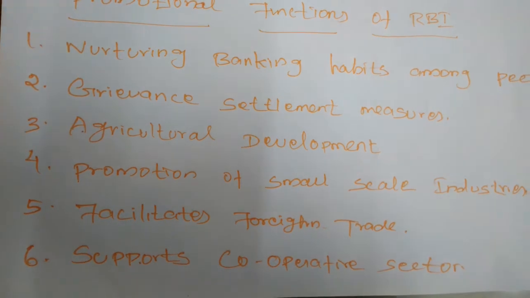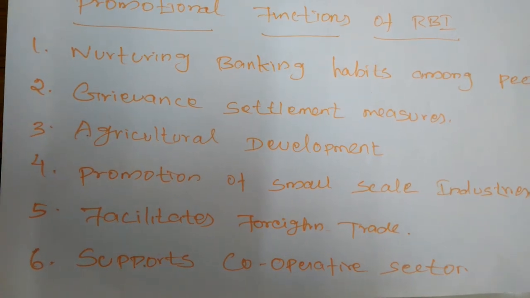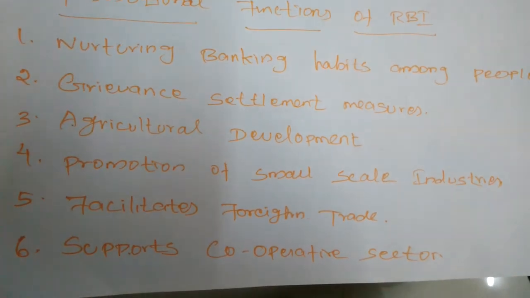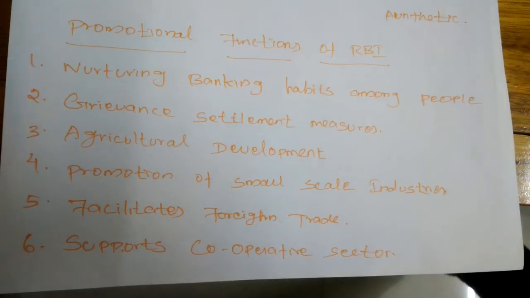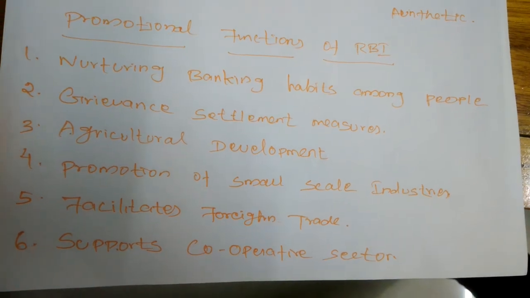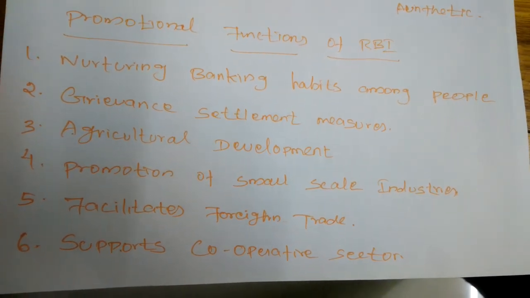When they give financial assistance to the cooperative sectors, the poor people and the cooperative sectors are also improved. So this is the sixth type of promotional function undertaken by the Reserve Bank of India.